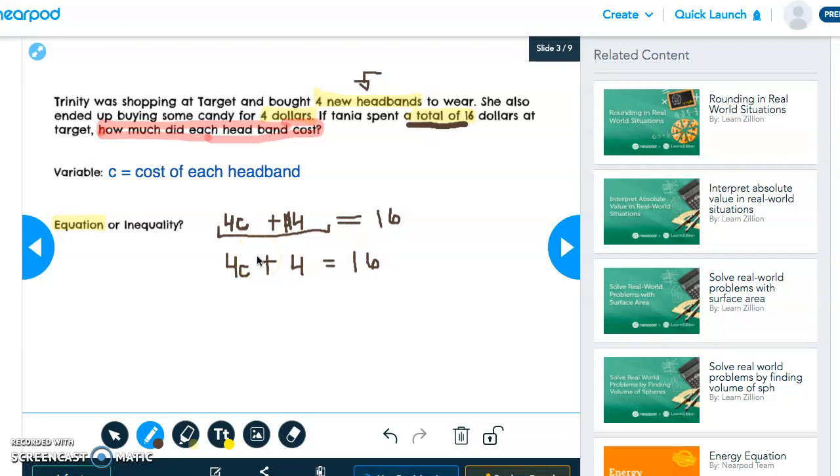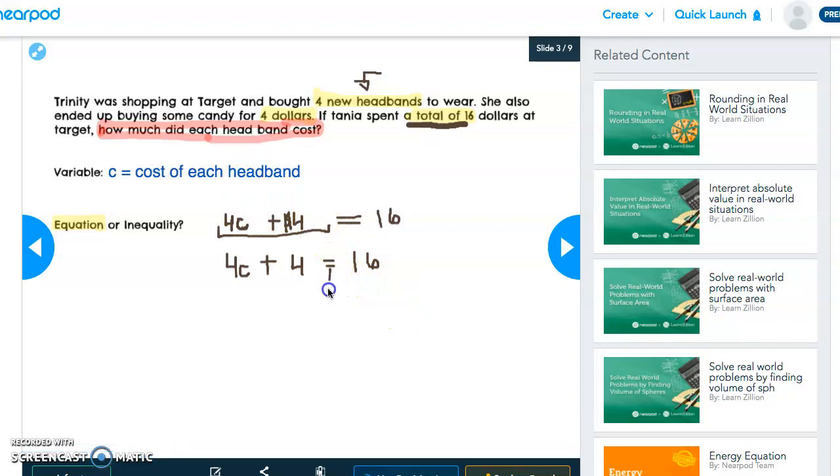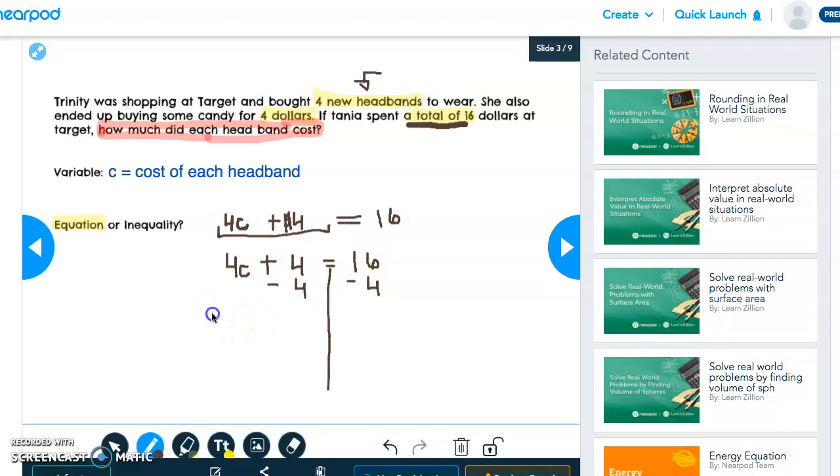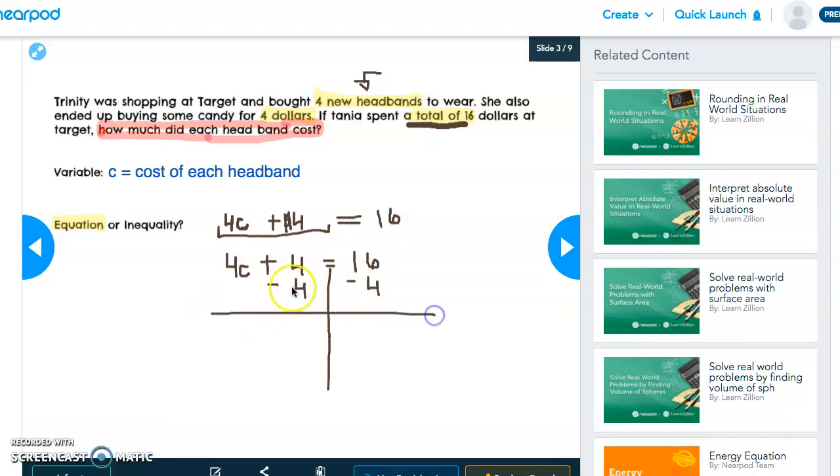Okay, so how do I actually find out C? How do we know the cost of each headband? Now we already know how to solve this basically. We put the line down the middle and we figure out what C is. We've done this so many times. We subtract 4 on both sides. 4 minus 4 is 0.